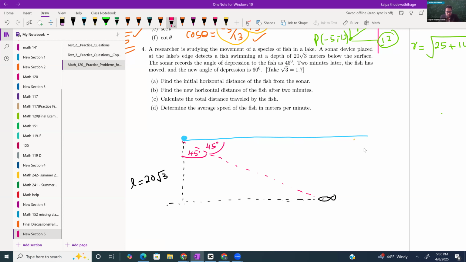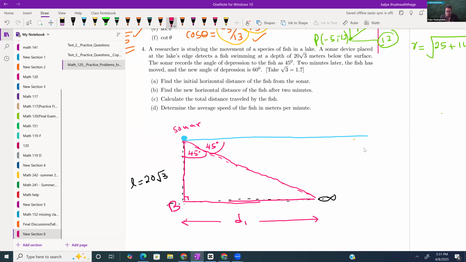So if you think about this triangle, it's a right angle triangle. And I can find the distance from the bottom of the sonar device to the fish. I can say this is B.